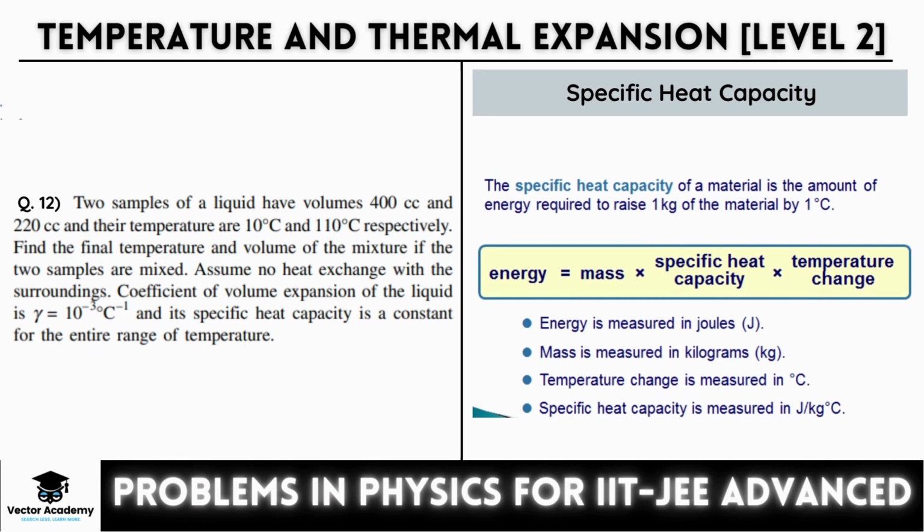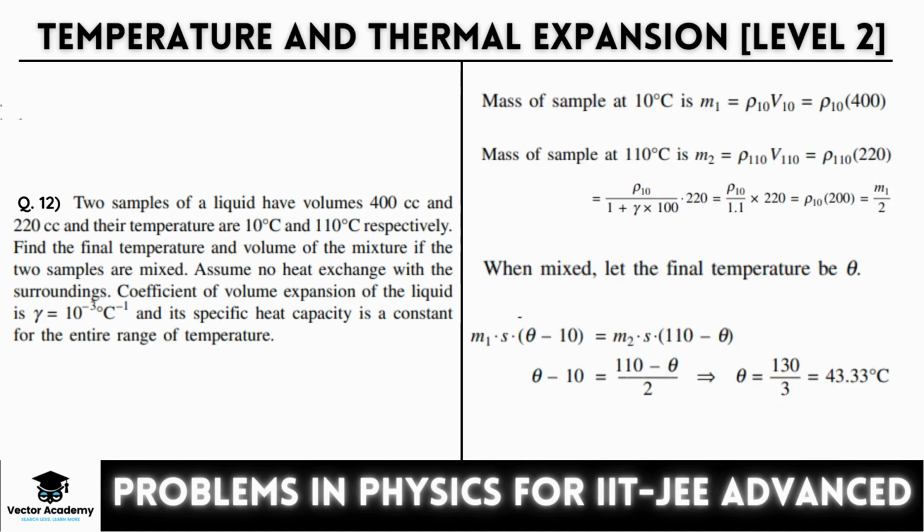In the given problem, no heat exchange with the surroundings takes place. Hence, total energy of the system will remain constant. That is, final energy equals initial energy. Mass of sample at 10 degrees Celsius is m1 equals ρ10 into v10 equals ρ10 into 400.